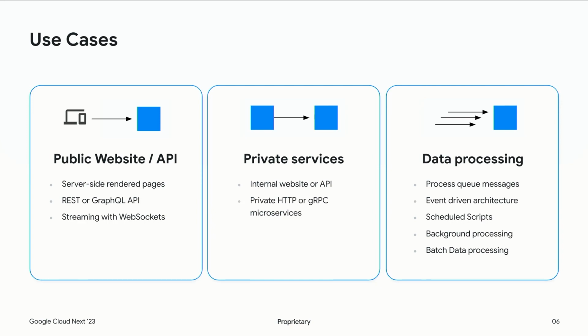And lastly, running data processing pipelines, which include processing queues, messages, for example, pub/sub messages, processing data for event-driven architecture, scheduled scripts, as well as background and batch data processing.